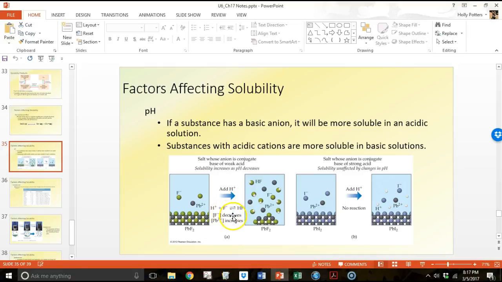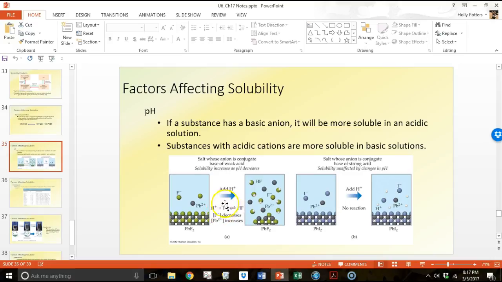If I have an excess of H+ present in solution, that is going to start this side reaction with the fluoride ion, producing HF molecules, but that is also lowering the fluoride ion concentration. So the fluoride ion concentration is decreasing because of this side reaction, which then allows for more of the lead fluoride to dissolve to replenish the concentration of fluoride that's been lost. So you end up with more of the lead dissolved.